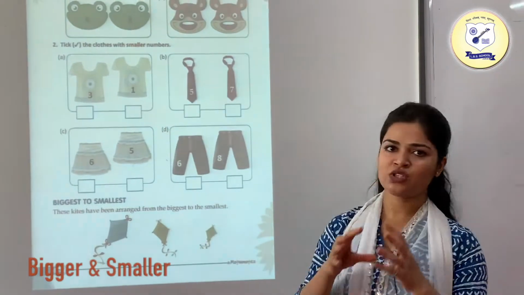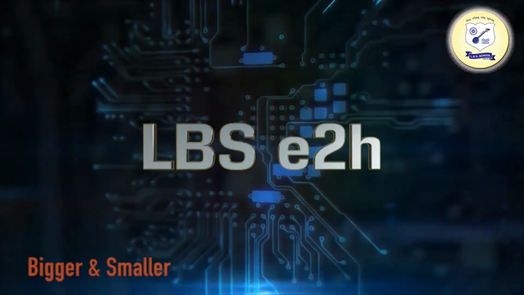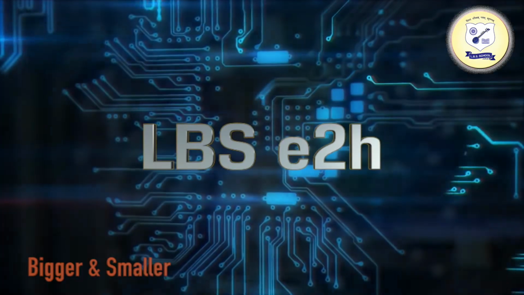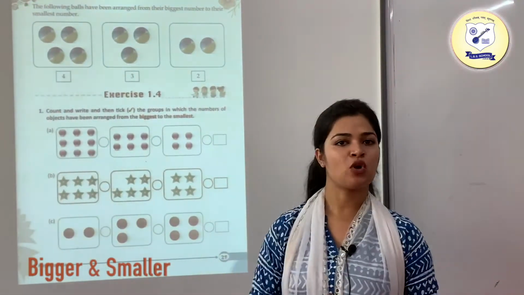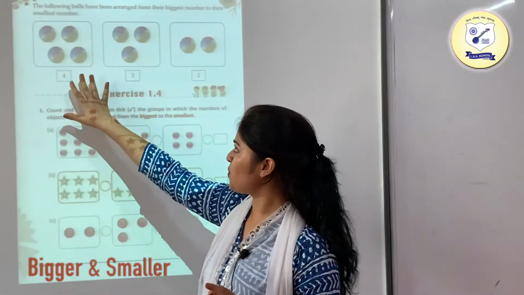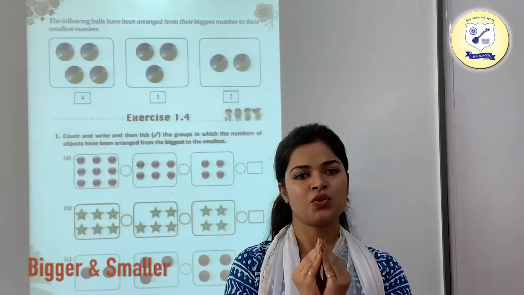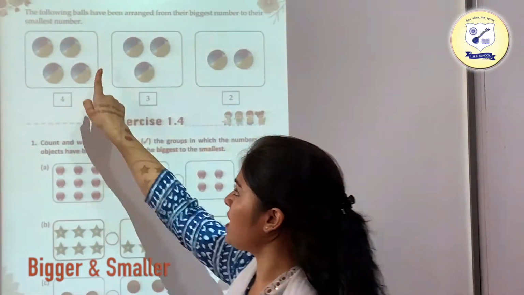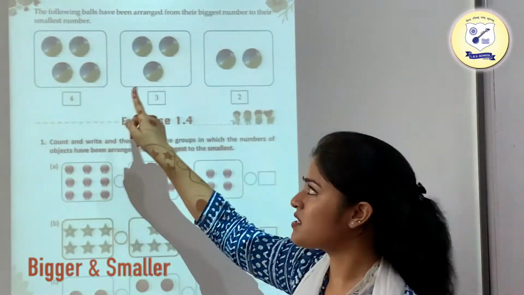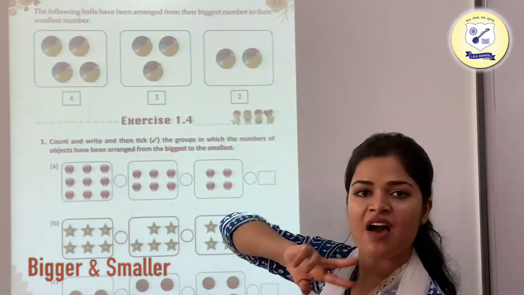Okay, so we are now going to arrange the pictures according to their size or number. The following balls have been arranged from their biggest number to their smallest number. In these three pictures we just have balls, and we are going to arrange them according to their number. In this box we have 4 balls, in this box we have 3 balls, and in this box we have 2 balls.